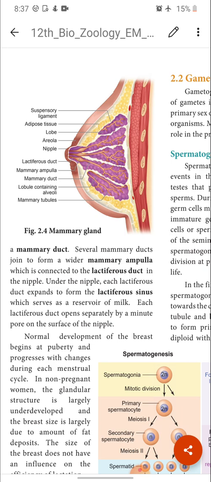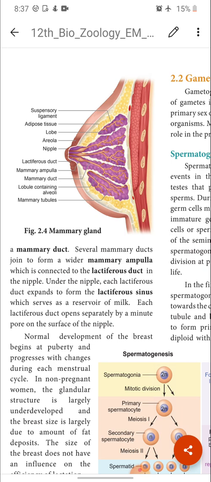Each lactiferous duct opens separately by a minute pore on the surface of the nipple.